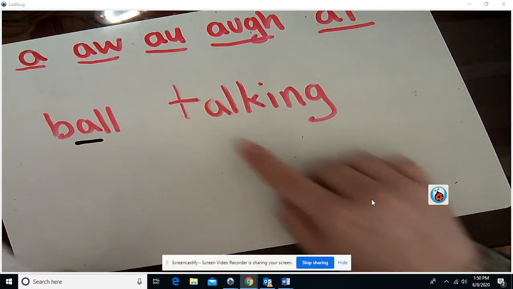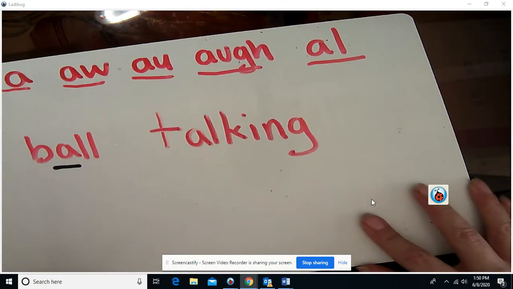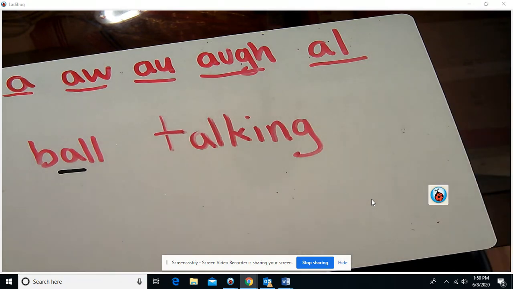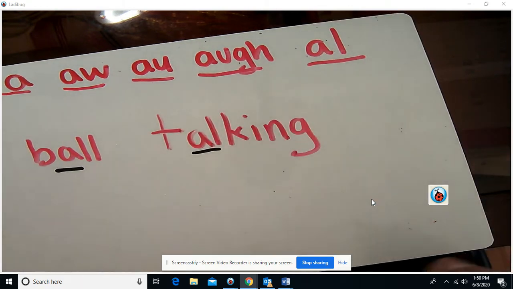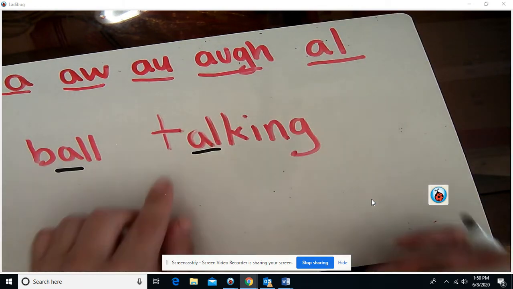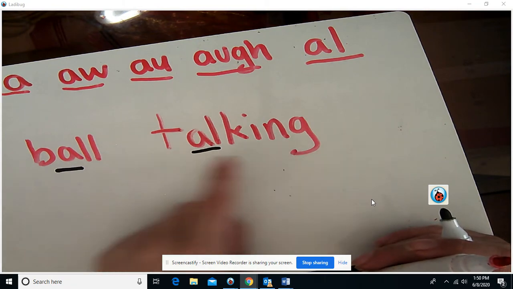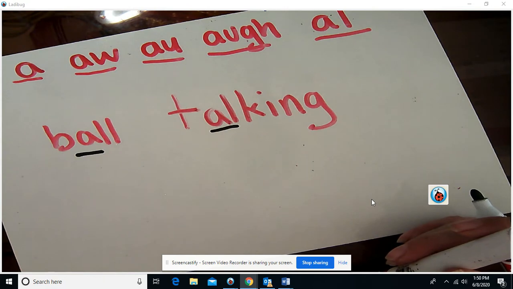But we don't say talking. I was talking to you the other day. If you look at our spelling pattern, when we have the A and the L together, it makes that ah sound. So this A and this L only make one sound and it sounds like ah. So if we were to break it down, it would say talking, talking. That L is silent. We don't hear it.